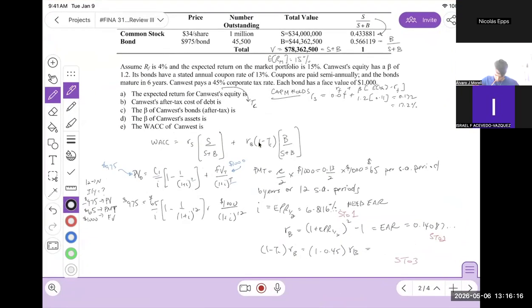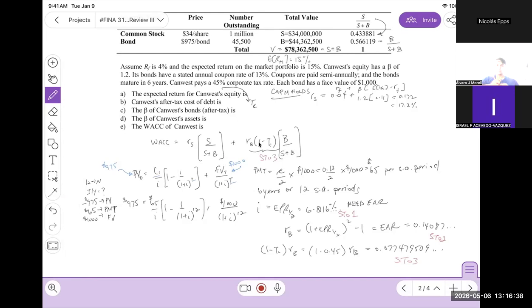So are you guys good? Something clicking there? 0.077479509 dot dot dot. So then that is this here, store 3. And so you're going to put together RS, which was 0.172.